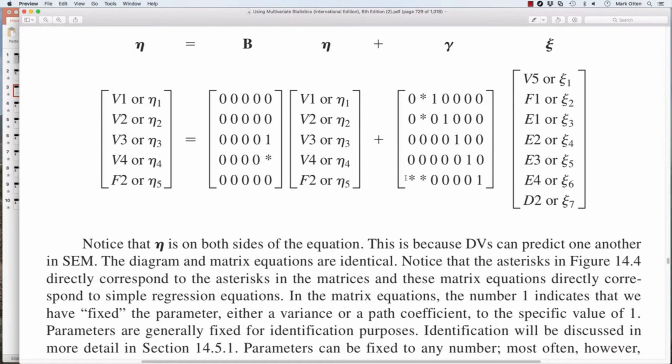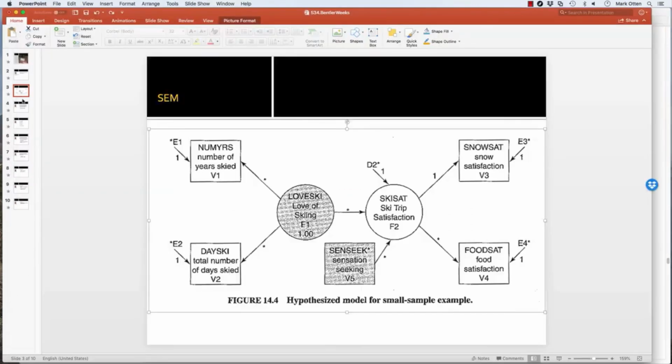Finally, we get to the last row of the gamma matrix. That is your F2 row, and we start out with 2 stars here. So what is happening with these 2 stars? F2 is related to V5 and F1. F2 is related to V5, sensation seeking, and F1, love of skiing. So that relationship there is actually a beta, or a factor loading.